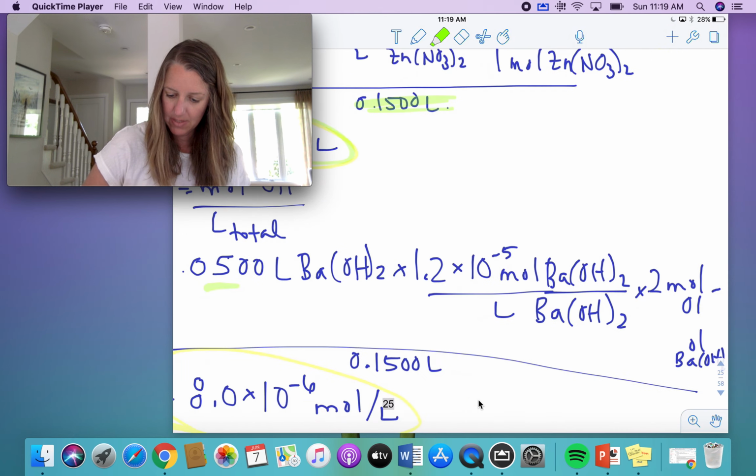We write our little expression, we write our Ksp, we solve for our Ksp value, and we find that if you dissolve magnesium carbonate in water, you have a solubility of 2.6 times 10 to the negative 3 moles per liter. Not a very strong solution. It's slightly soluble. And that Ksp is when it's at equilibrium, because that's when an equilibrium expression will get set up.